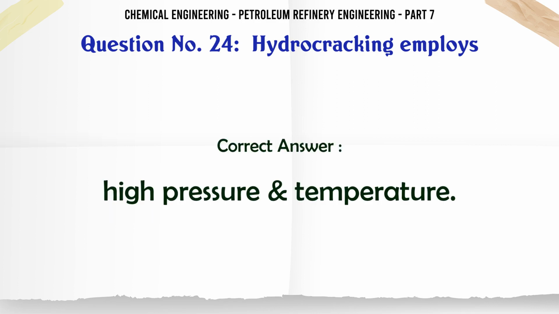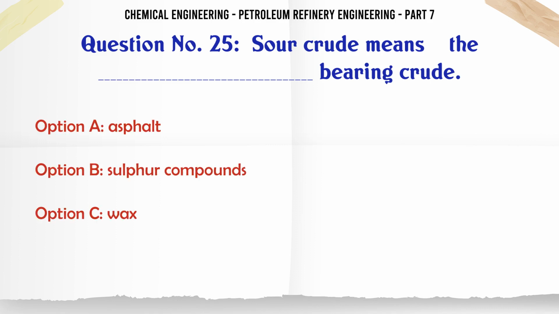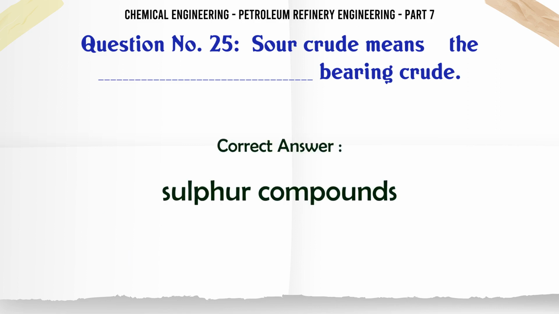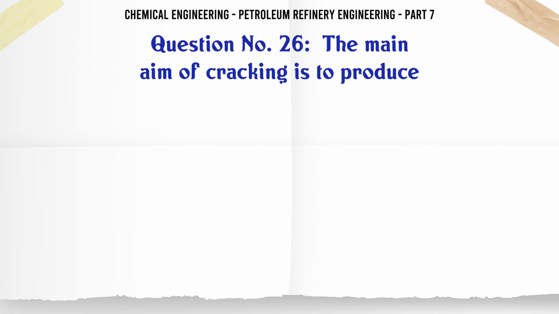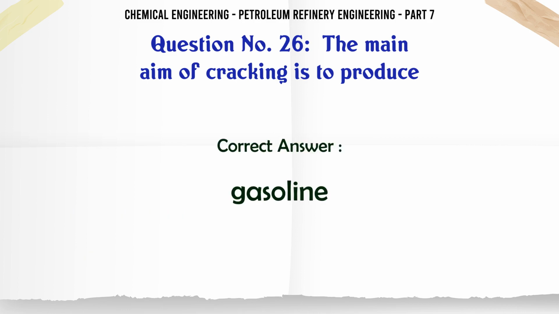The correct answer is high pressure and temperature. Sour crude means the blank bearing crude: A. asphalt, B. sulfur compounds, C. wax, D. nitrogen compounds. The correct answer is sulfur compounds. The main aim of cracking is to produce: A. gasoline, B. lube oil, C. petrolatum, D. coke. The correct answer is gasoline.